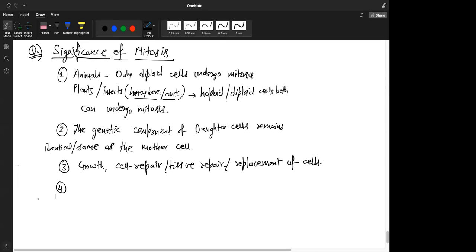A lot of cells are just getting scratched off. Constantly they need replacement. You know that? So that is all done by mitosis. And it is done very fast.